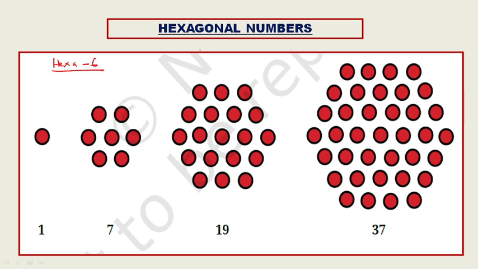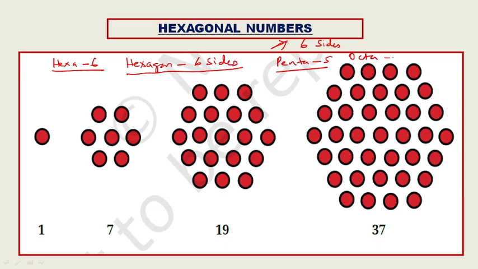So the numbers which represent 6 sides in some way or the other are called hexagonal numbers. Like this, many are there, like pentagon: penta means 5.